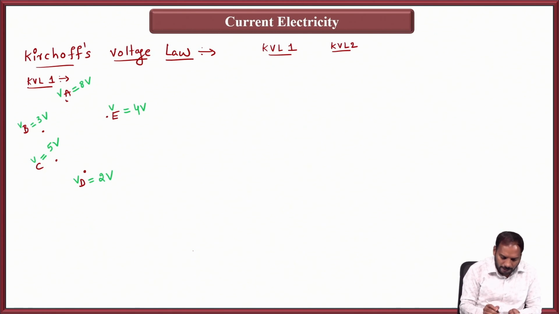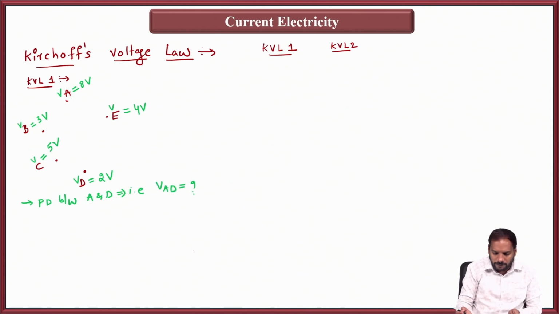Okay, so what is Kirchhoff's voltage law 1 saying? The target is to calculate the potential difference between points A and D in this particular example, that is, the calculation of VAD. This is very, very important.